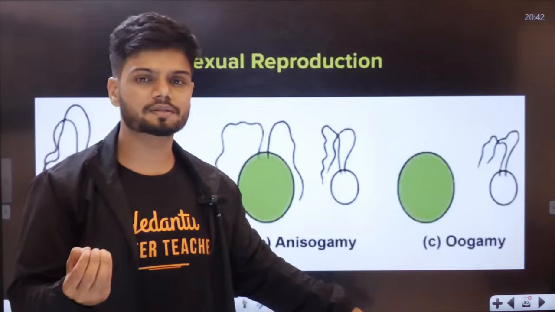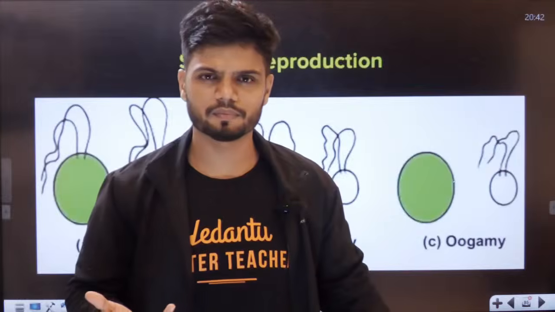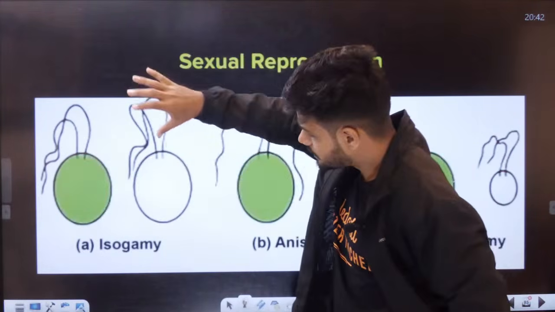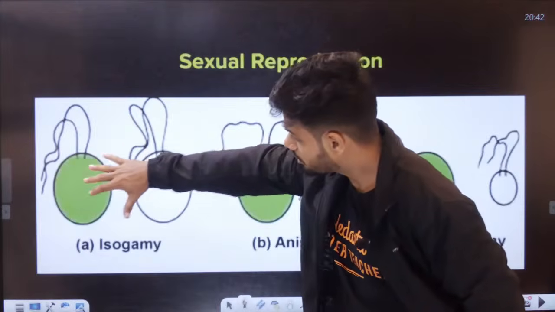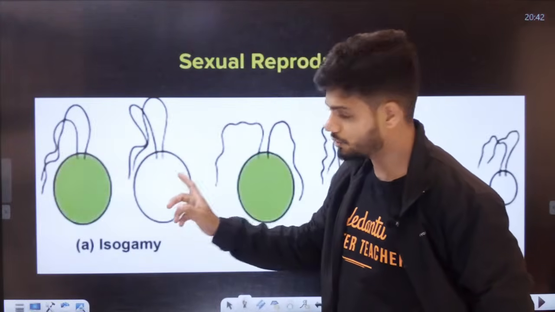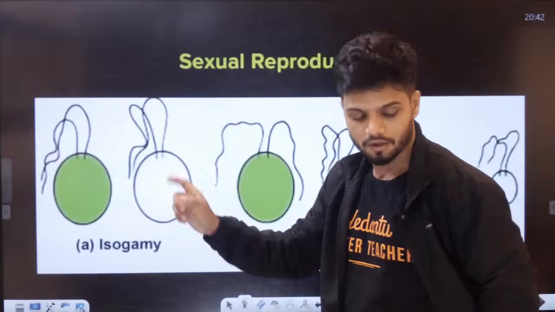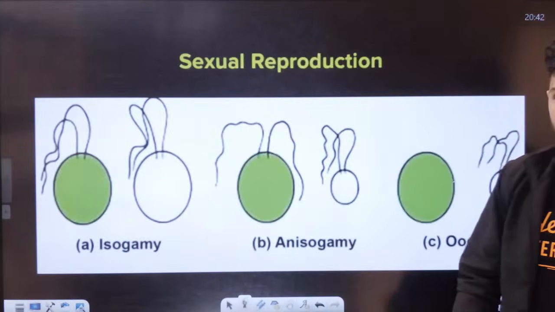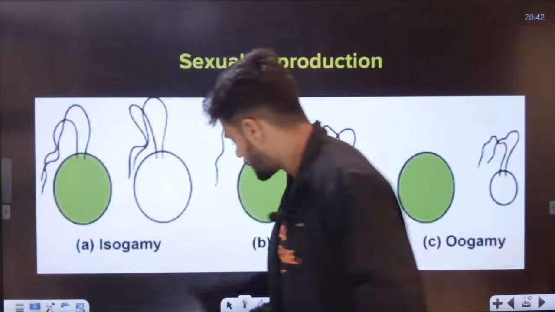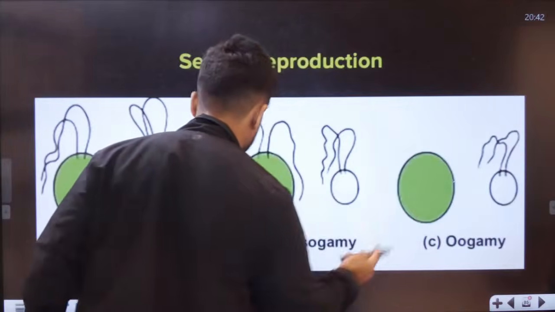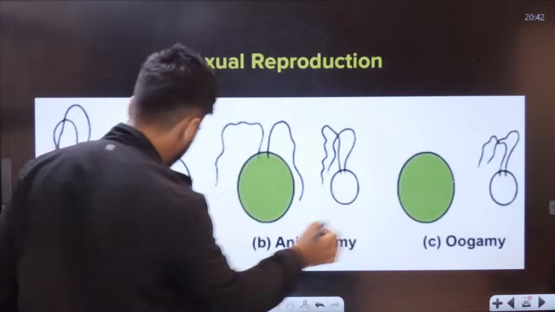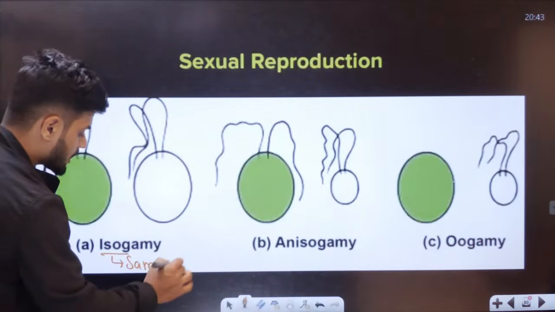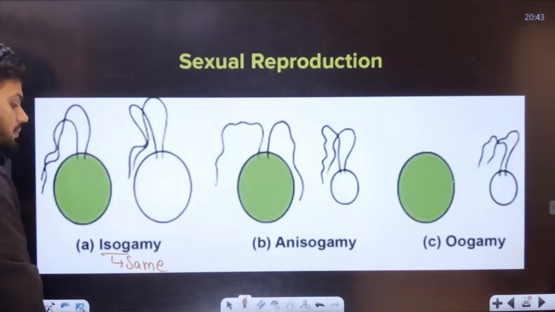Now, what is the difference? Understand, it is a very simple difference. Do these two gametes look the same? Do they look like each other? Iso means same. Gamy means gametes.